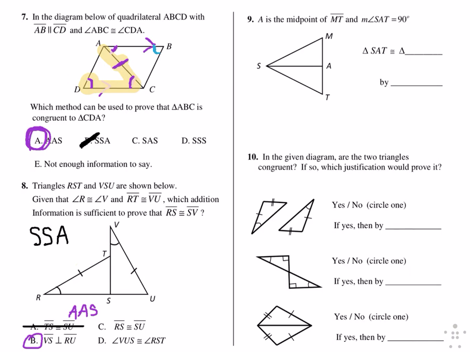Well, if we look at that, that doesn't really make sense right here, down here. RS appears to be a little bit longer than this side, SU. And now you don't want to look at something and say, well, it looks like this. If we look at those two sides, the reason why it wouldn't match up is because then our sides would not be corresponding to each other.